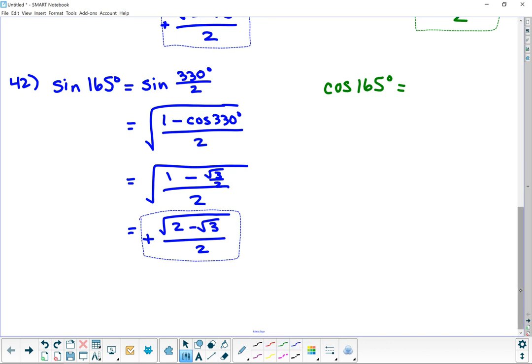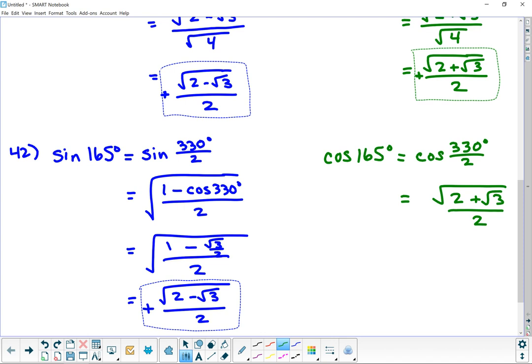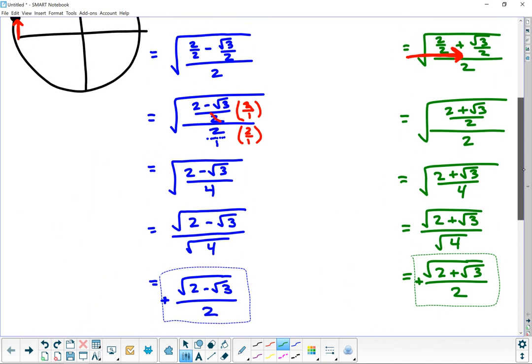And then if that's the case, then that means that my answer for the cosine of 165 degrees, this is again utilizing 330 degrees divided by 2. Right? And that actually will give me the same answer. Okay, this will be radical 2 plus radical 3 over 2. And again, go back to my unit circle to figure out.